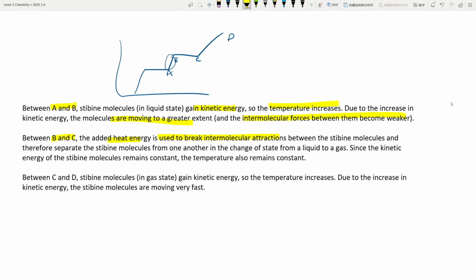So the temperature is not going up because the kinetic energy remains constant. It's separating the molecules away from each other, because it's changing state. Okay, and between C and D, same process: the molecules gain kinetic energy, therefore temperature increases, and the molecules are moving faster and faster because they have more kinetic energy. So it's really kind of standard.